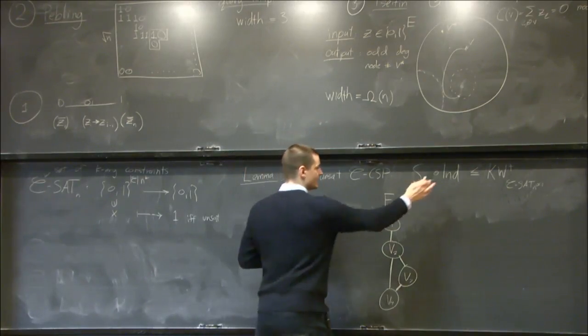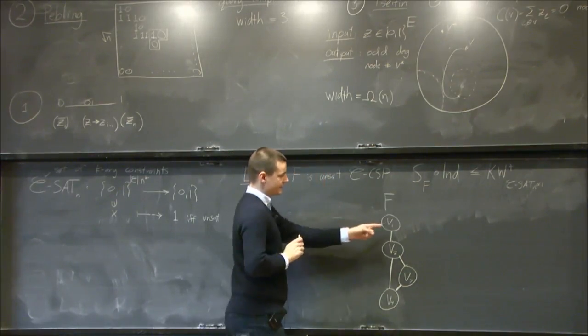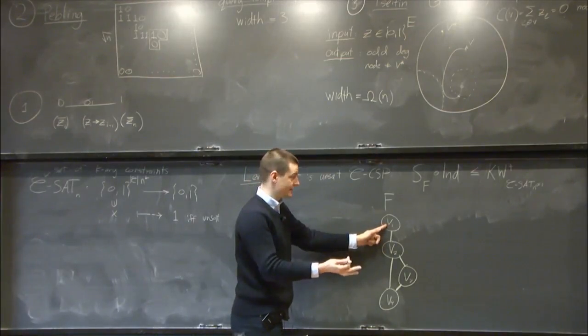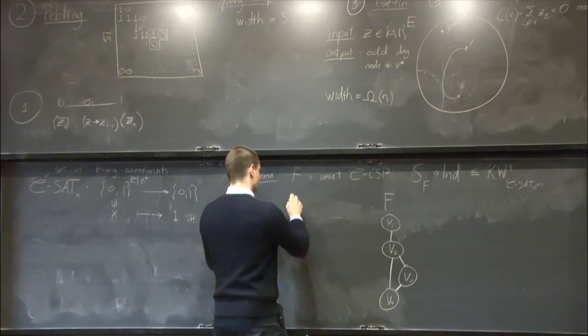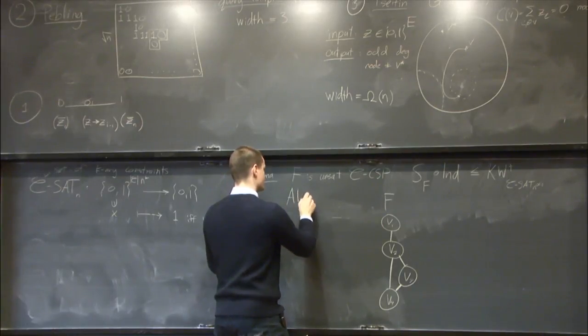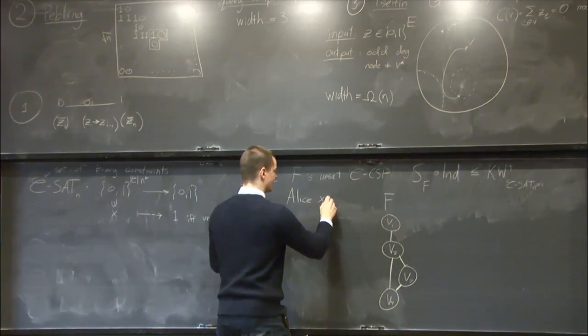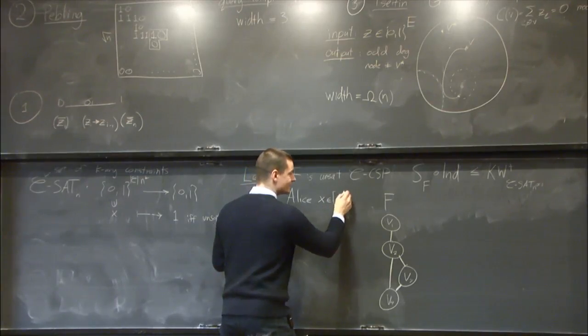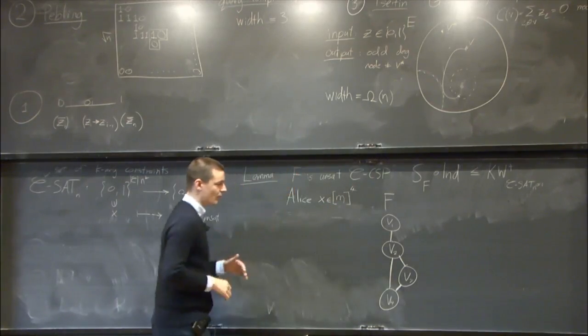And in this search problem, each variable is the output of an indexing gadget. So as input, Alice gets a pointer for each of the 4 variables.